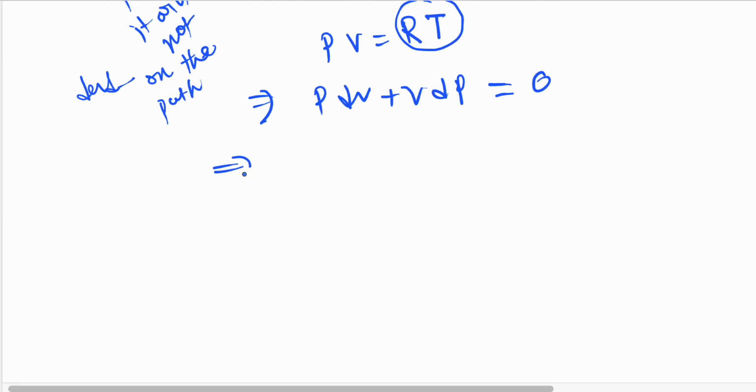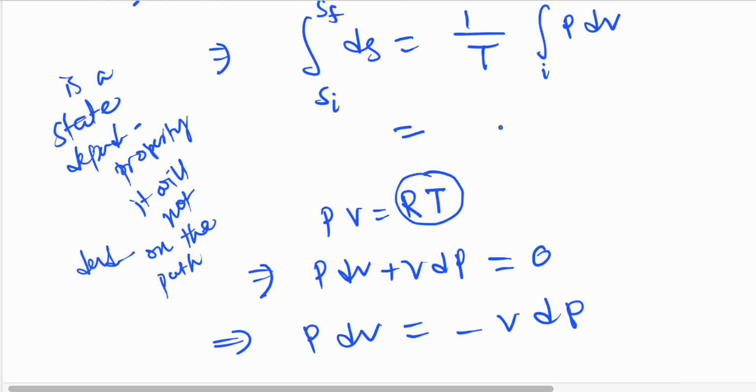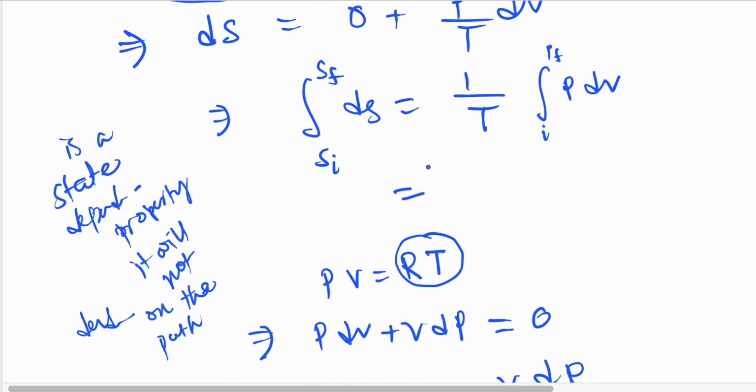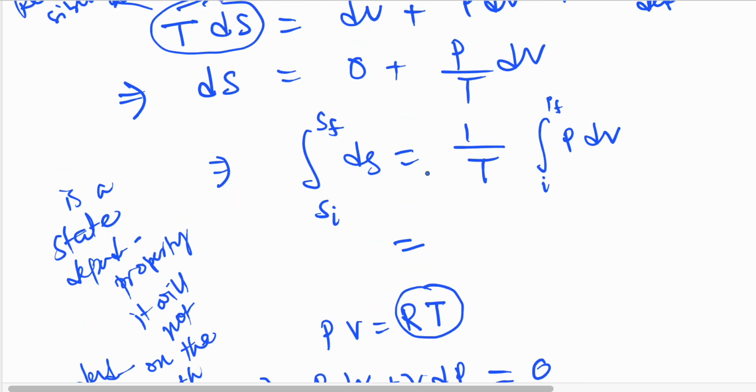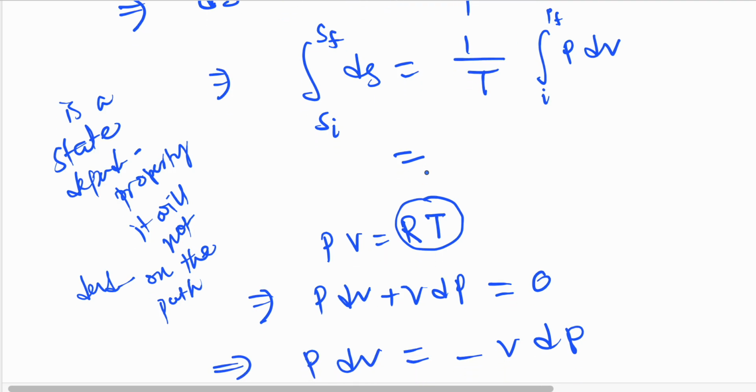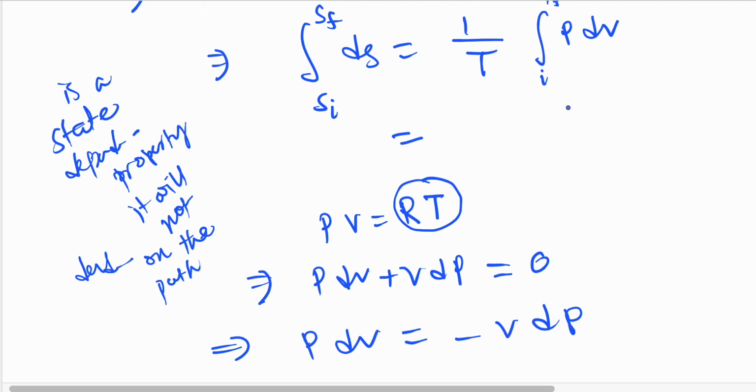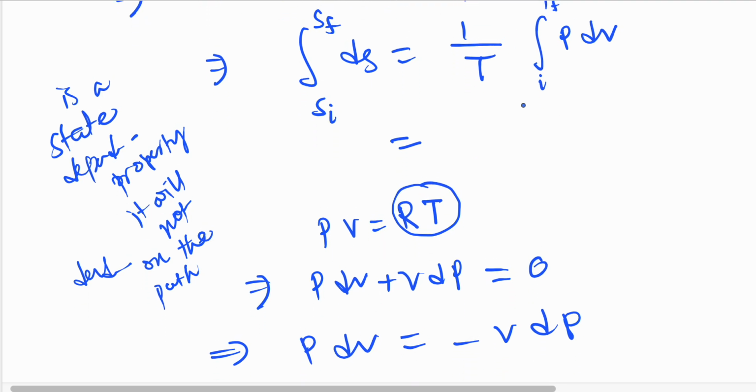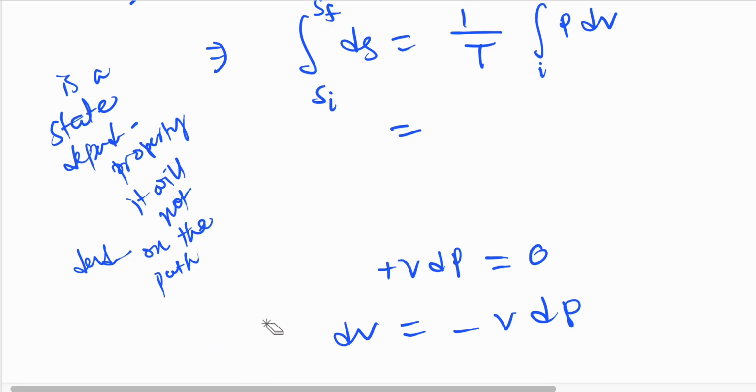So we can write PdV is equal to minus VdP. Okay, another way, let me write it like this.